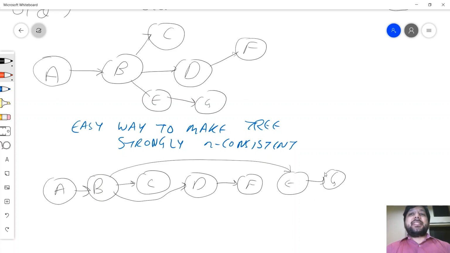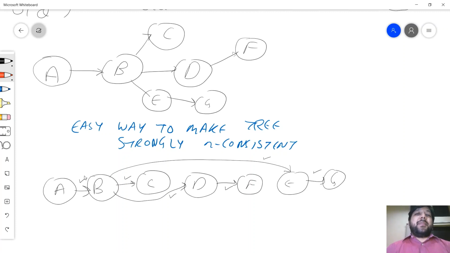First go on the edges which are leading to the last node G. Then go on the edges leading to the node E. Then go on this edge, then this edge, then this edge, and you make each edge consistent.